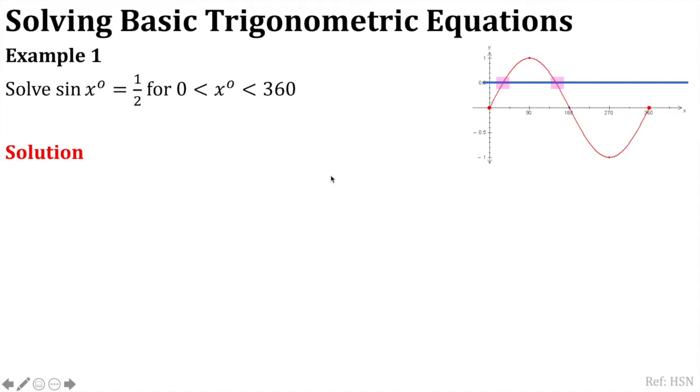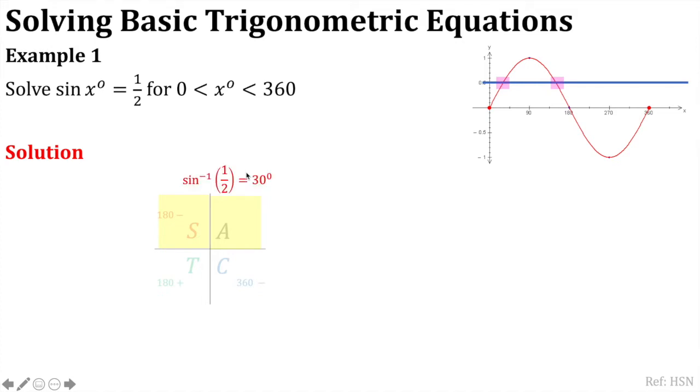So we'll have a look at some working. If you're happy using the graph, that's fine, but if you want to use a cast diagram as well, that's also fine. So we know that sine x is positive here, and sine x is positive in the first and second quadrants.